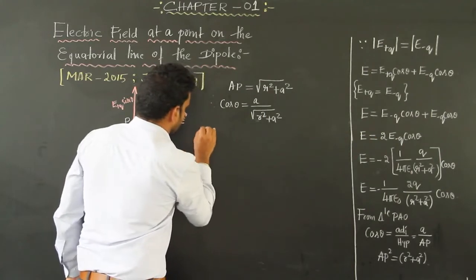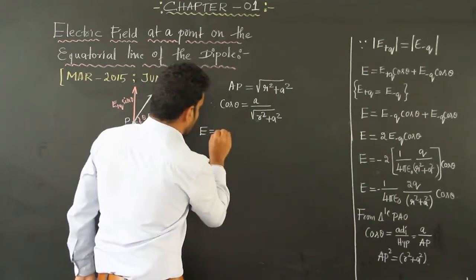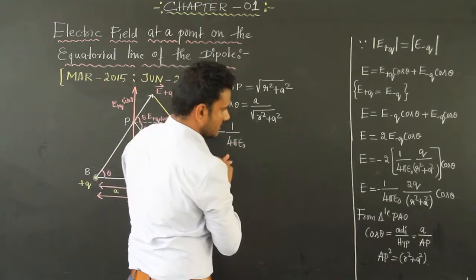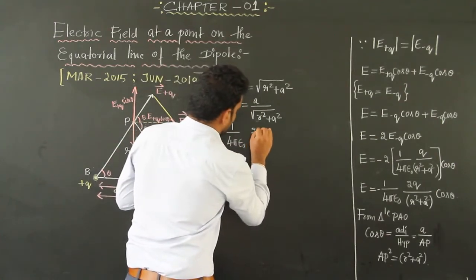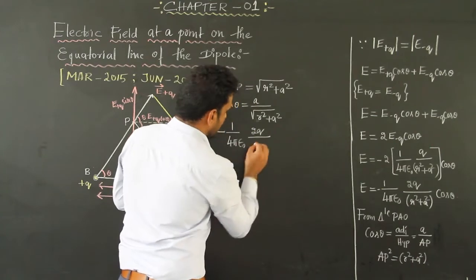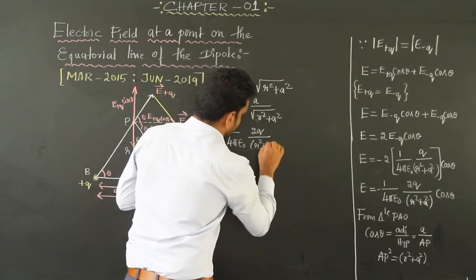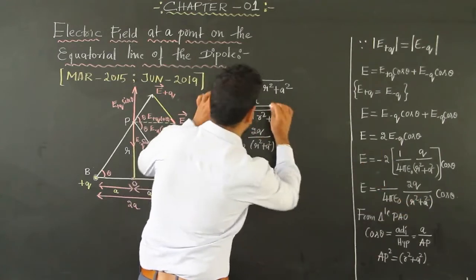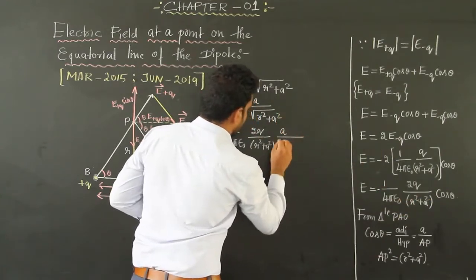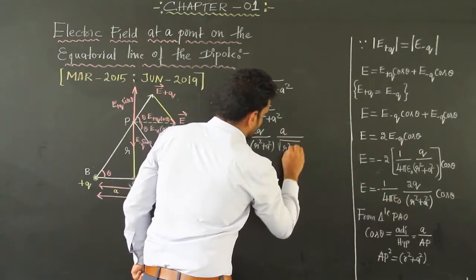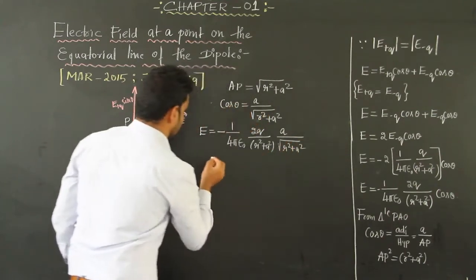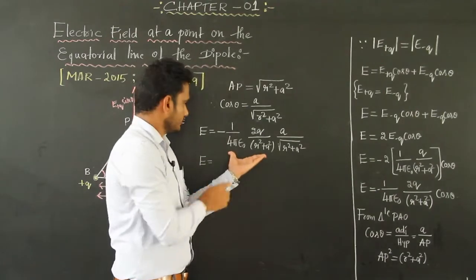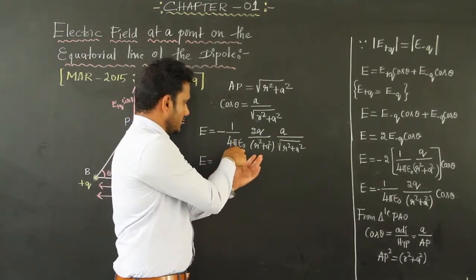So it becomes E is equal to minus 1 over 4 pi epsilon naught 2Q divided by R square plus A square cos theta. What is the cos theta value we have? A divided by root of R square plus A square.